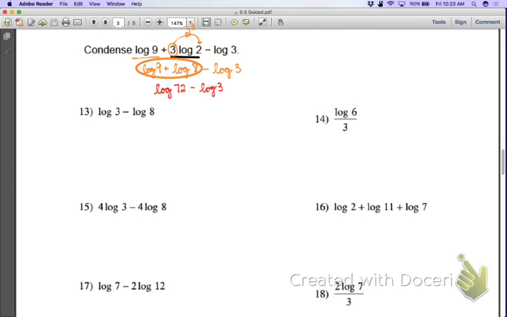How can I rewrite log of 72 minus log of 3? Log of 72 divided by 3. What's 72 divided by 3? There you go.